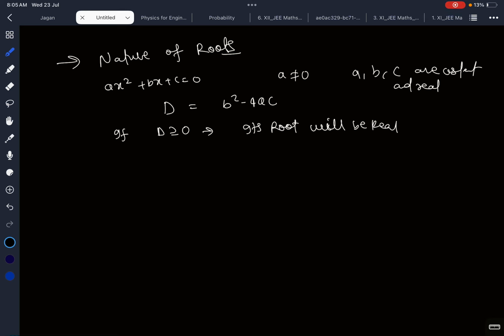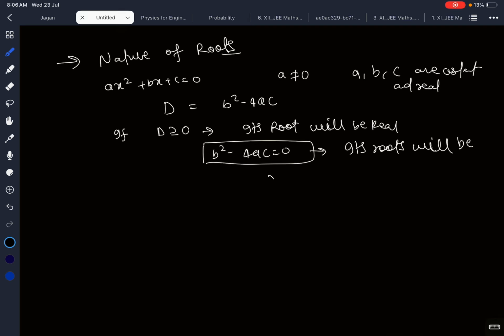Its roots will be real. If b square minus 4ac is equal to 0, then I will be saying its roots will be real, but will be repeated. Okay, this is one thing.